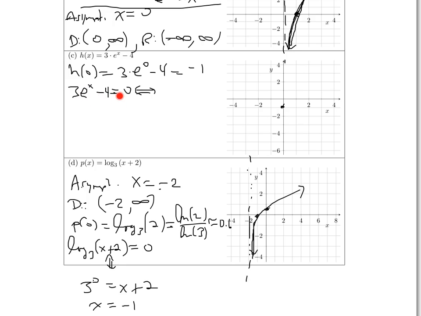It'll say e to the x equals 4/3, which means that x is natural log of 4/3, which is about 0.3, looks like. So that's somewhere in here. So that's my x-intercept.